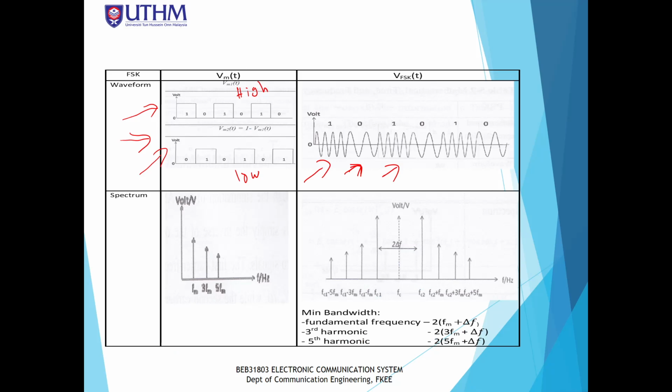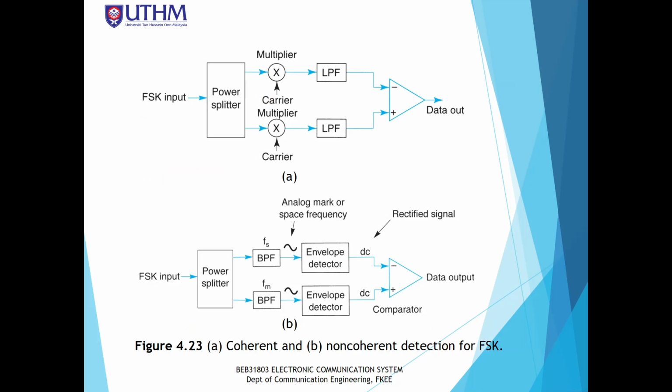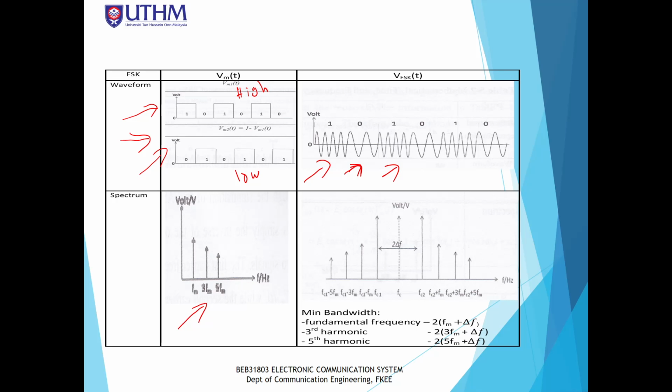Okay, and then di bawah sini kalau kita lihat input sehingga 5 FM. Kenapa macam ni? Dan bandwidth untuk FSK adalah menggunakan Carson's rule.